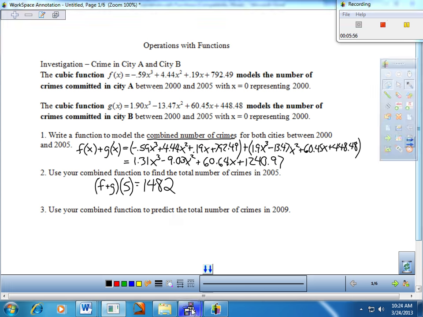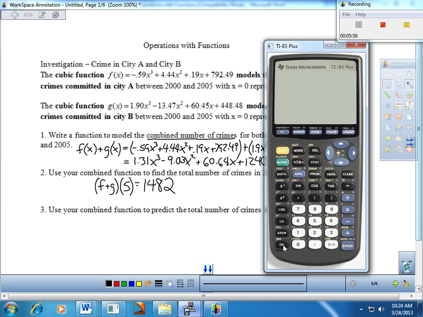Let's go ahead and do that on the calculator as well. 2009 would of course be year 9 in the model. And so now you're just making a prediction for it. I'll type it all the way through. So one more time, in this case, 9 is the input. Make sure I get this right.